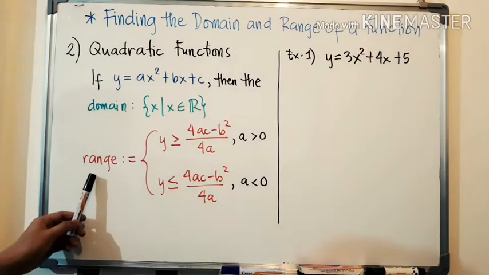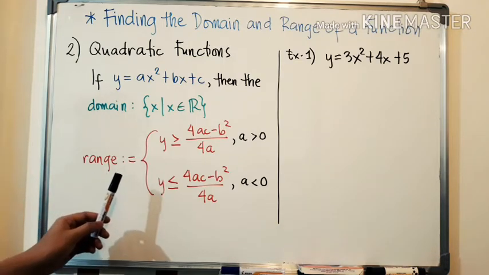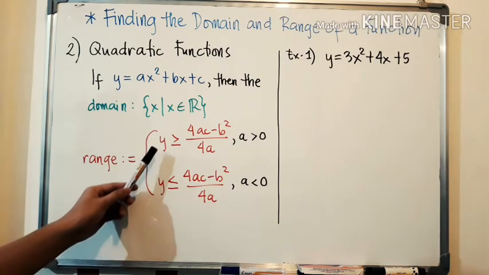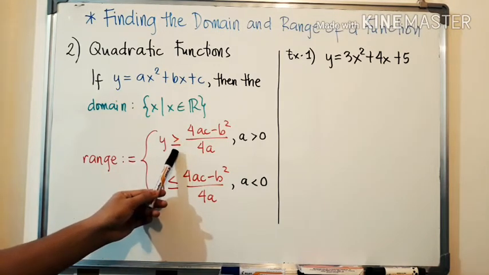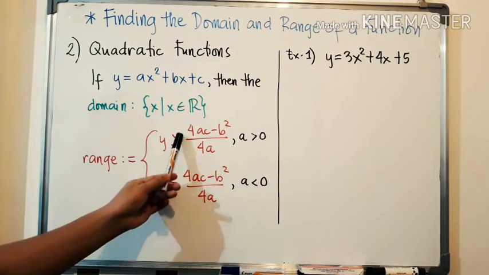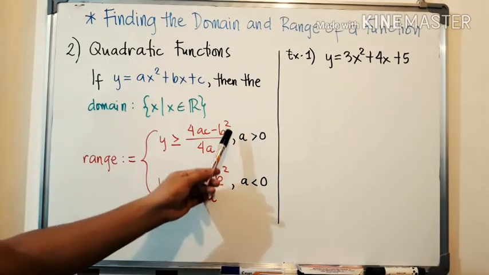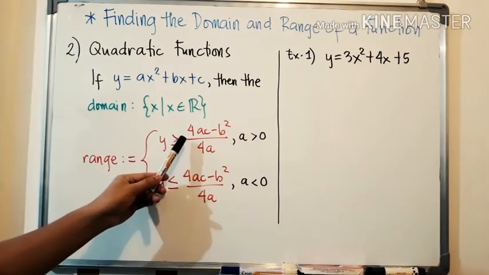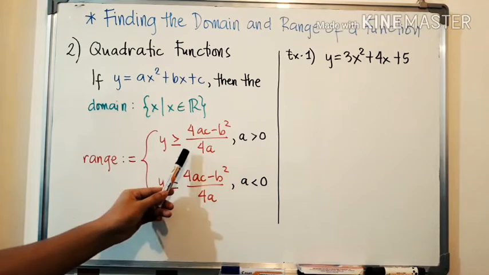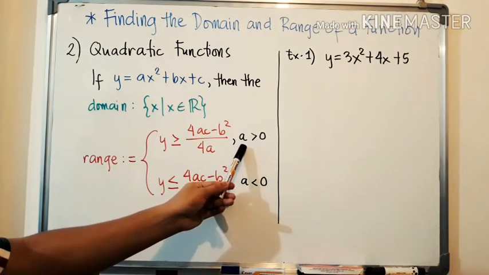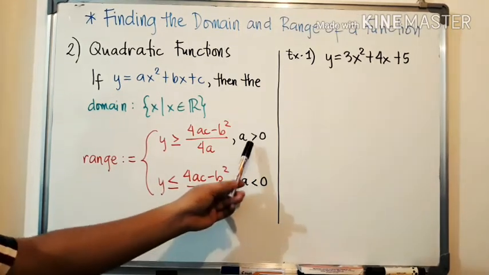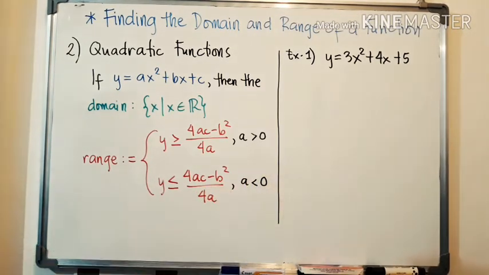And for range, the range of a quadratic function is the set of all y's greater than or equal to this expression, which is 4ac minus b squared divided by 4a, where a is positive or a is greater than 0.